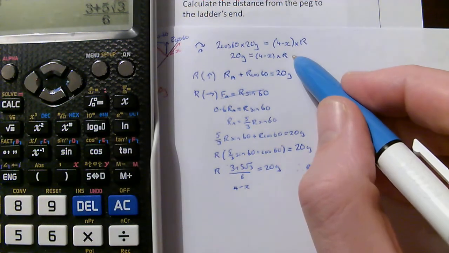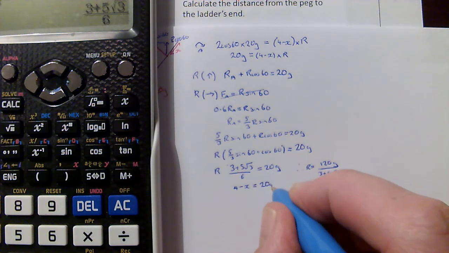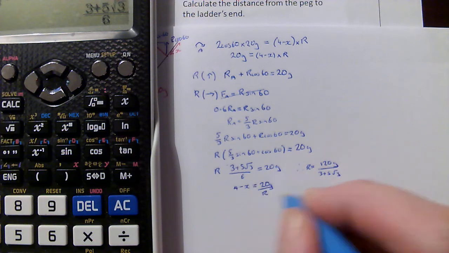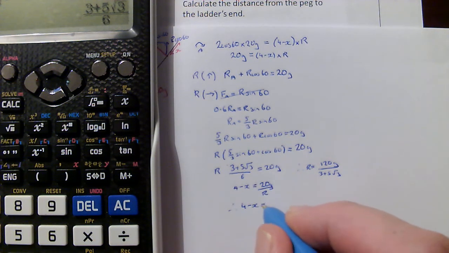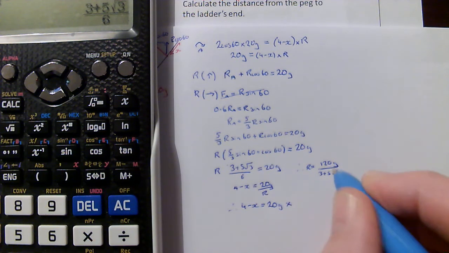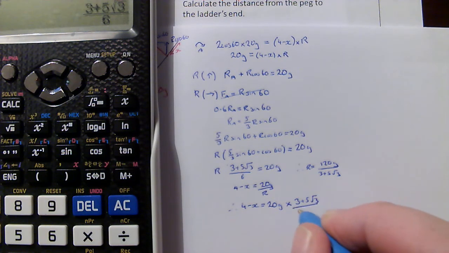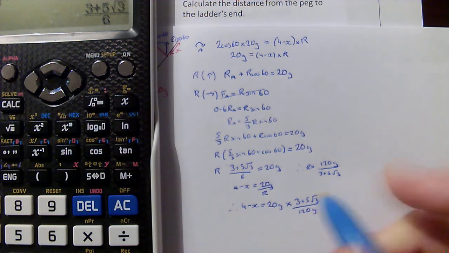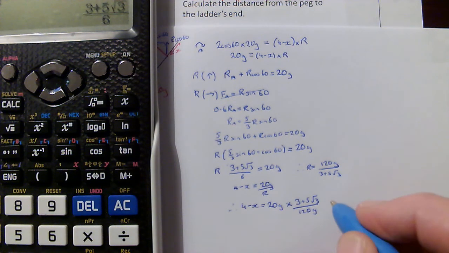Looking at this equation, I've got 4 minus x equals 20g divided by R. Therefore, 4 minus x equals 20g times 3 plus 5 root 3 over 120g, and this becomes 3 plus 5 root 3 on 6.